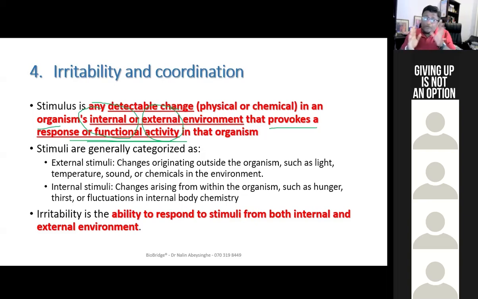So for it to be a stimulus to provoke a response of the heat generating or heat absorbing system, or the system to prevent heat loss, right? There should be a stimulus.